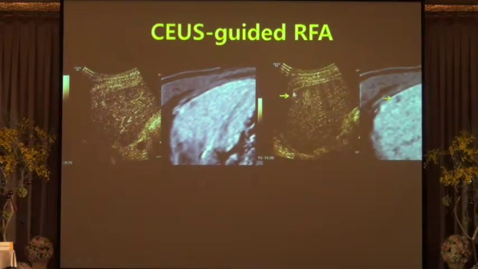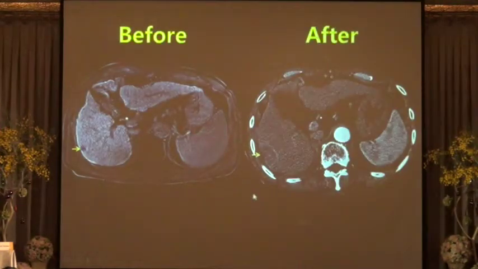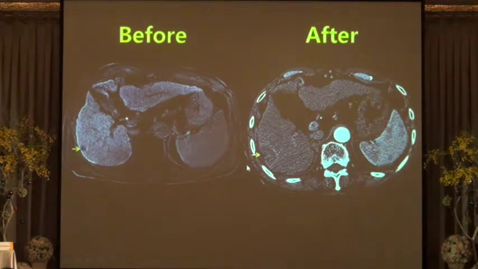The lesion was seen as a defect on Kupffer phase. The electrode was inserted into the tumor with high confidence, and RFA was done. Immediate post-RFA CT scan shows that it was a technical success. This is a case of RFA in which mistargeting was avoided by combined use of fusion imaging and contrast-enhanced ultrasound.